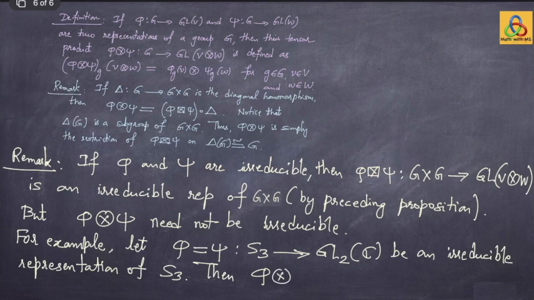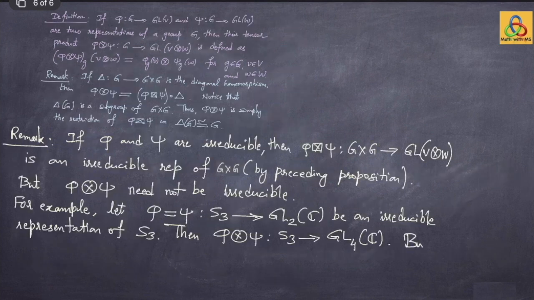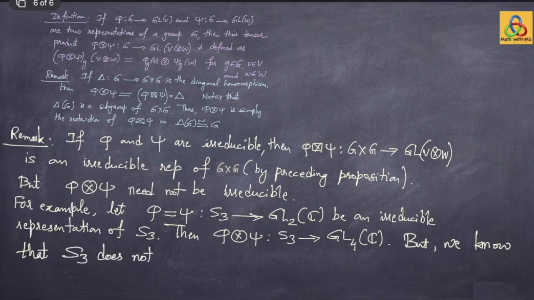Then phi tensor psi is a degree 4 representation of S3, a representation of S3 into GL4(C). But we know that S3 does not admit any degree 4 irreducible representation. Therefore, phi tensor psi cannot be irreducible.